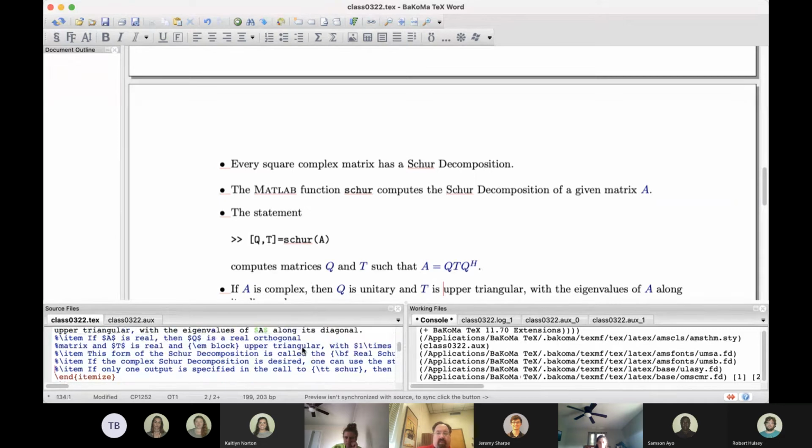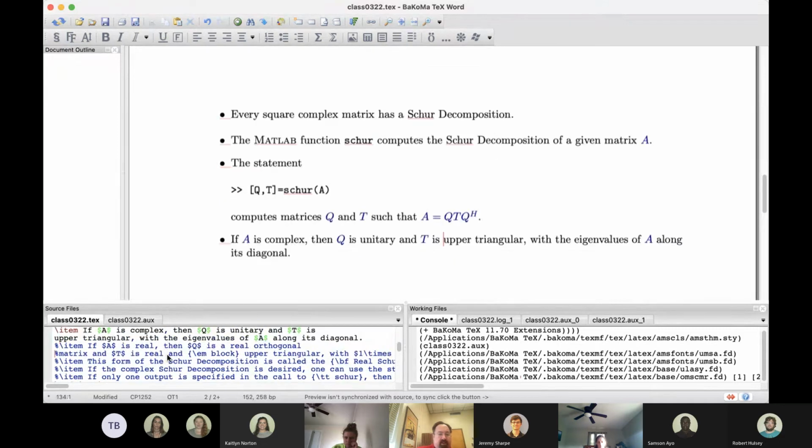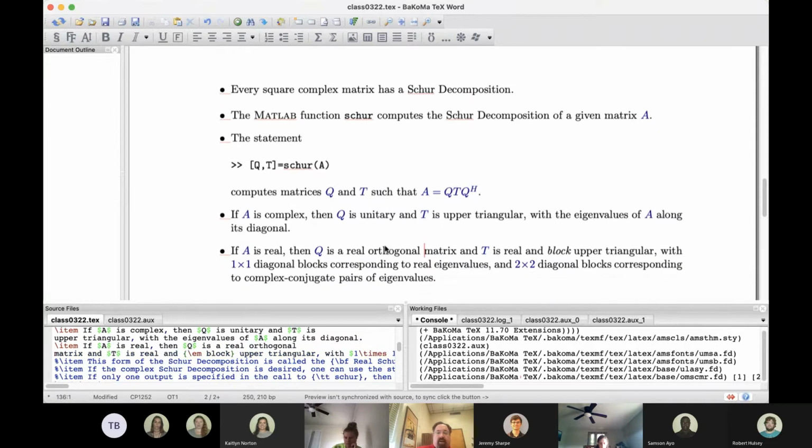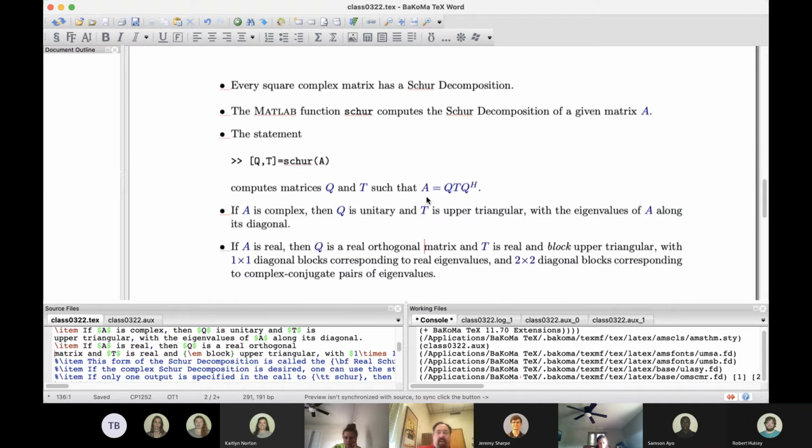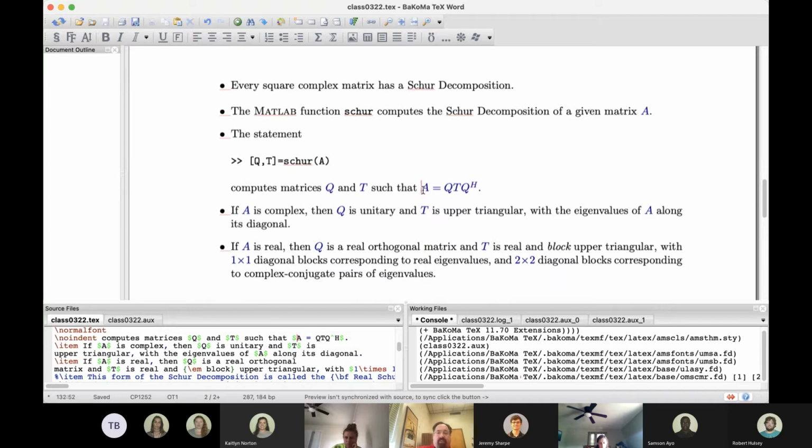Now, I want to point out the behavior of this schur function when A is real. So if A is a real matrix, but it has complex eigenvalues, then the schur function does not return exactly the Schur decomposition of A as I've described it.